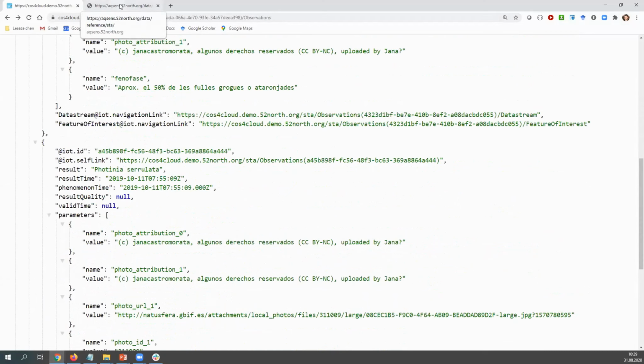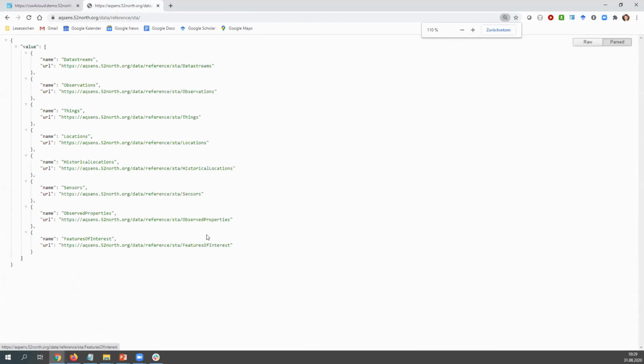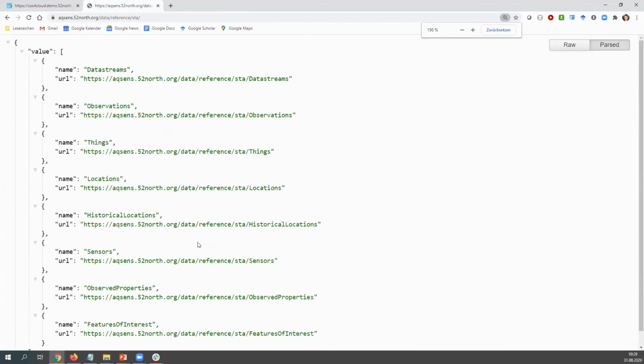The second example that we have prepared is a SensorThings API instance which we have set up for the AQSense project. This is a project which 52North is currently doing for the JRC, the Joint Research Center. This project is dealing basically with low cost or lower cost air quality stations that shall complement the official networks of air quality information as an additional source of information.